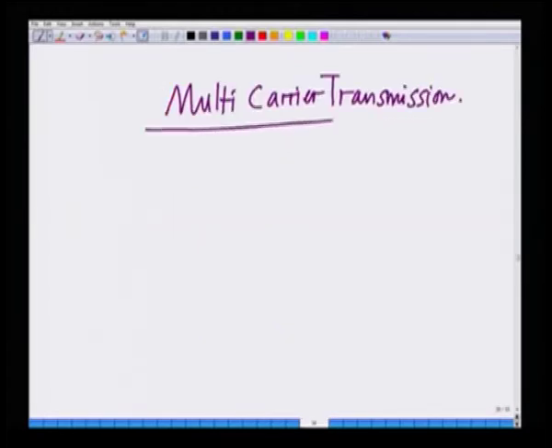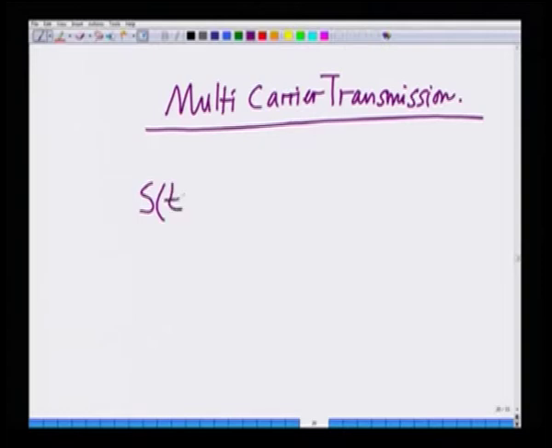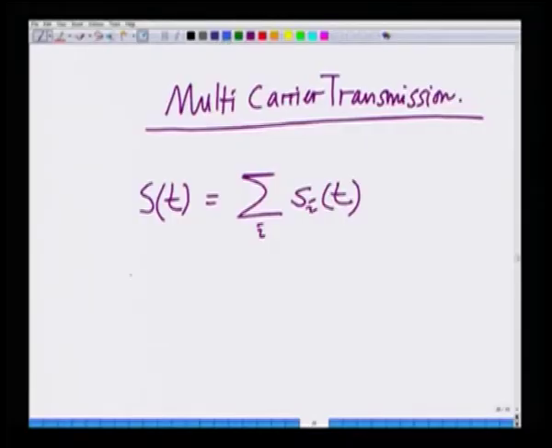What I am going to do is form a composite transmit signal s of t equals summation over I of si of t.